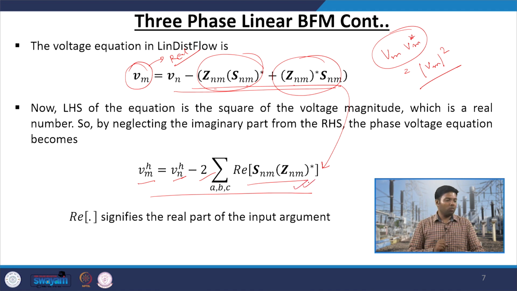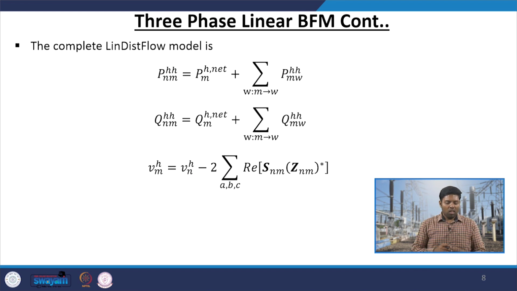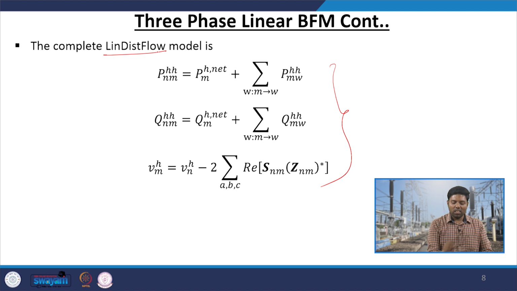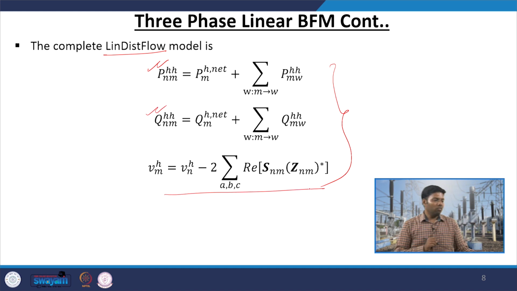But in this equation you have your mutual coupling, but that is only for this Z term. So, you have not completely omitted the mutual coupling term, you have considered it, but only for determining the voltage, not with the power flow. So, this is your complete linear distribution flow model, which is named the LinDistFlow model, where you have an active power balance equation, a reactive power balance equation and a voltage equation, the square of the voltage equation.